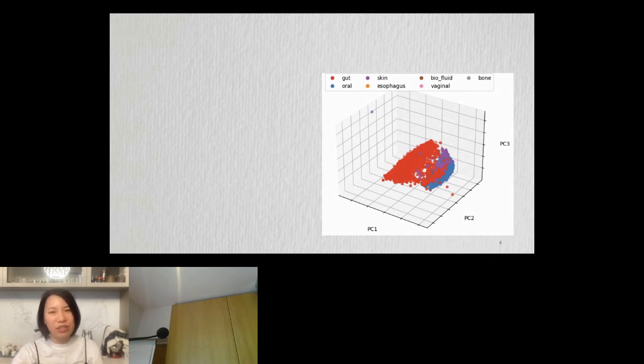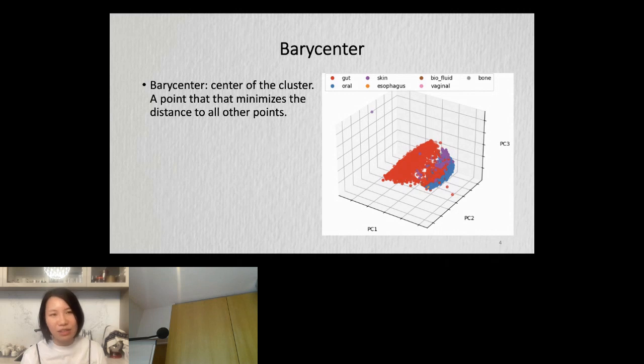And here we also introduce a concept called barycenter, which we can roughly see as the center of the cluster, but mathematically it represents a point that minimizes the sum of distances to all the other points, right? So if we are to represent one cluster with one single sample, one single point, then the most natural choice would perhaps be the center of that cluster.